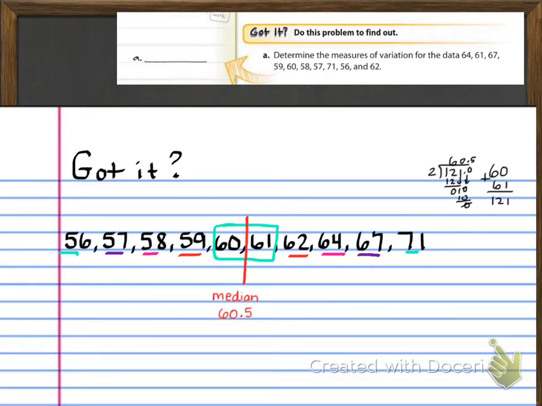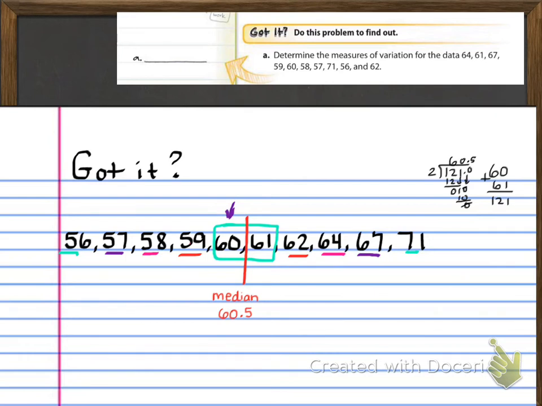So now that you have your median, you want to count. I've got 1, 2, 3, 4, 5 numbers to the left of the median, and 1, 2, 3, 4, 5 numbers to the right of the median. So starting from the 60, this one right here that I just put a purple arrow on top of, now we're going to count our way in, because basically we're finding the median of the bottom half now.